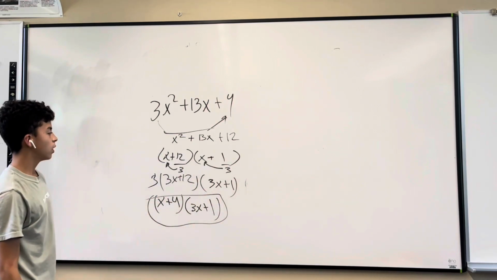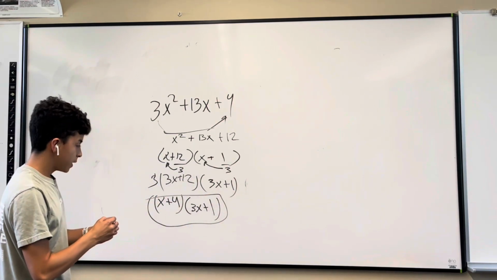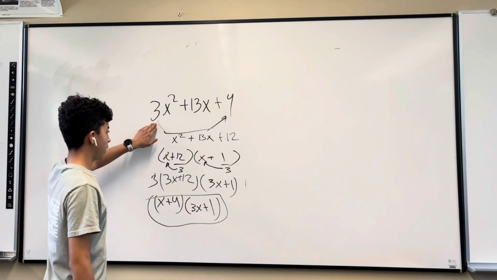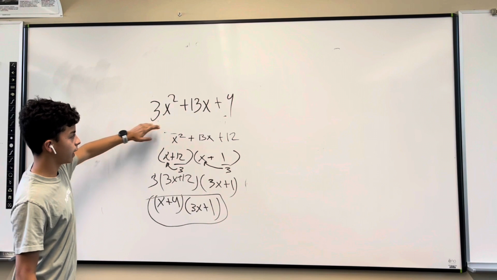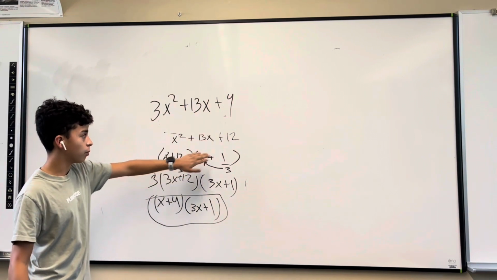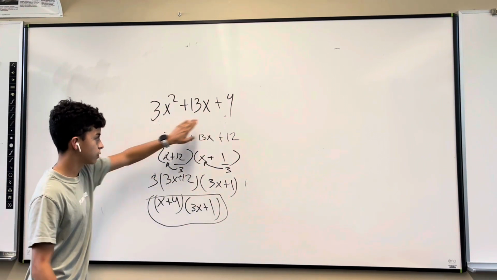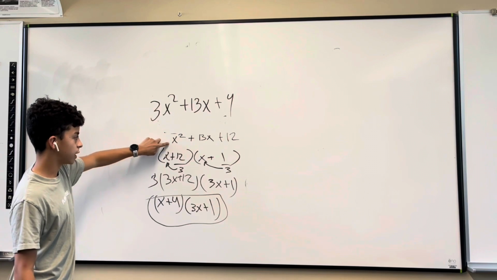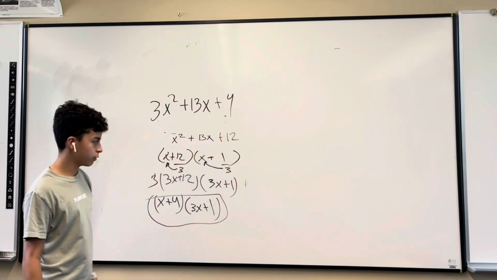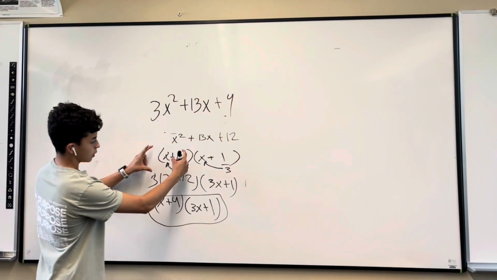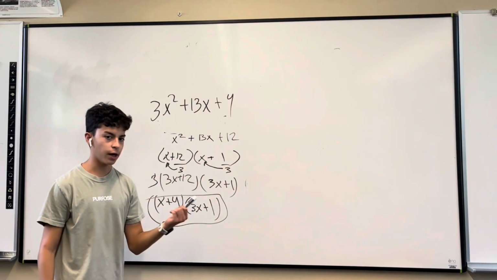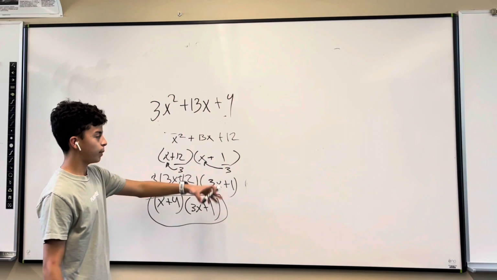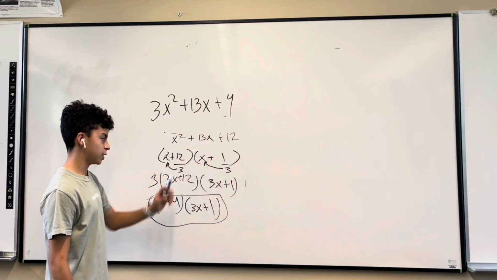So, to explain again what we did here, let me erase this so you guys can see a little better. We multiplied a times c again, and we're putting it at the end. So we're just moving this right there. We're taking out this, so it's x squared plus 13x plus 12. Then we're putting this in our two little parentheses. Then we're doing the same thing as the x tree, where you find something that multiplies to 12, adds to 13.